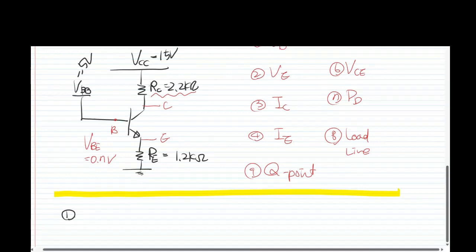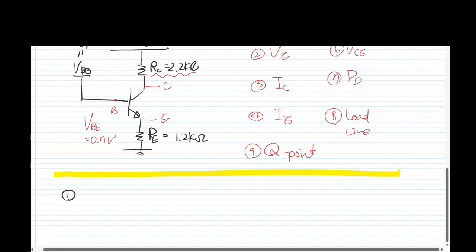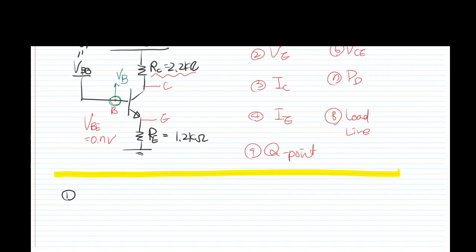So the V sub B is for that point. Okay. Like this one, there is the red, there is ground. What is the B? So V sub B is equal to V sub BB. You understand what I mean?